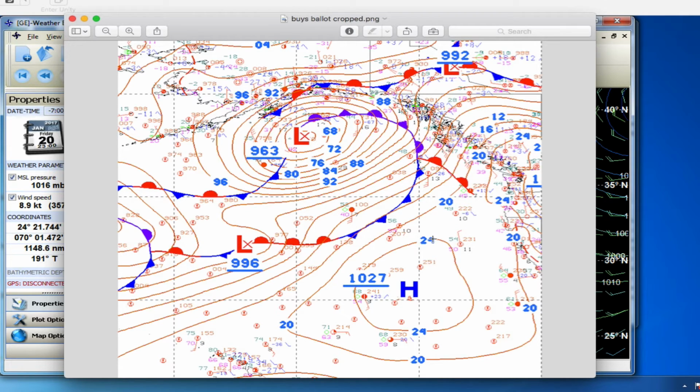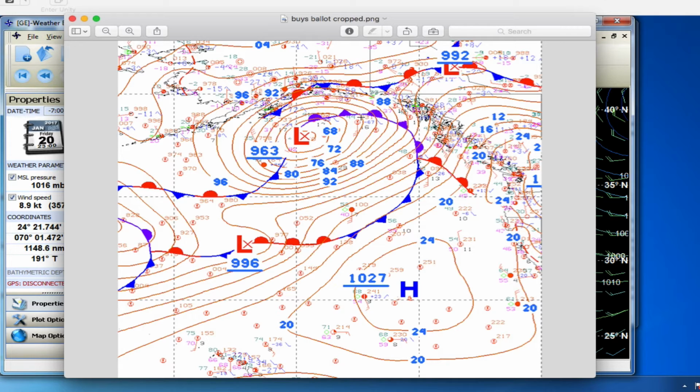So here, for example, is a high, and winds go clockwise around a high and counterclockwise around a low. It's basically the same rule, so sometimes we rely just on that rule. If you want to know the wind direction here or here, it would be clockwise around the high, counterclockwise around the low, and then slightly into that low.